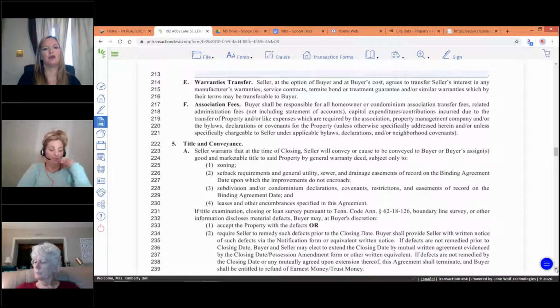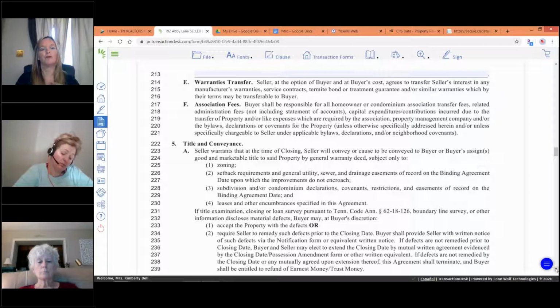Warranties and transfers. The seller, at the option of the buyer and at the buyer's cost, agrees to transfer the seller's interest in any manufacturer's warranties, service contracts, termite bond or treatment guarantees, or similar warranties that may be transferable to the buyer.